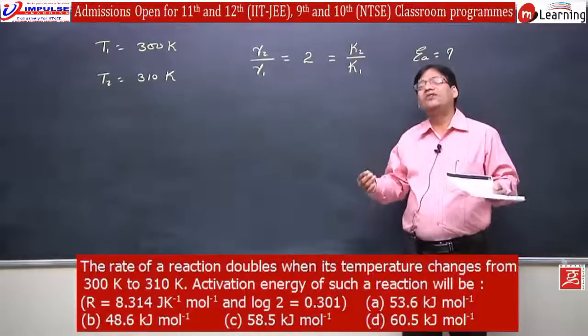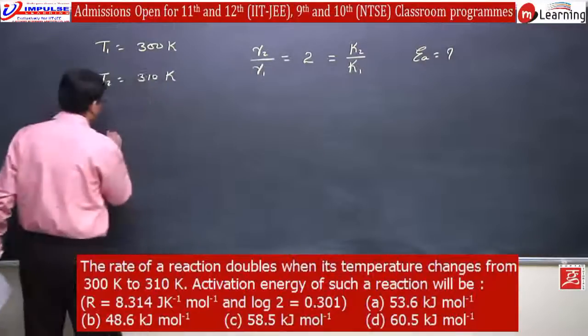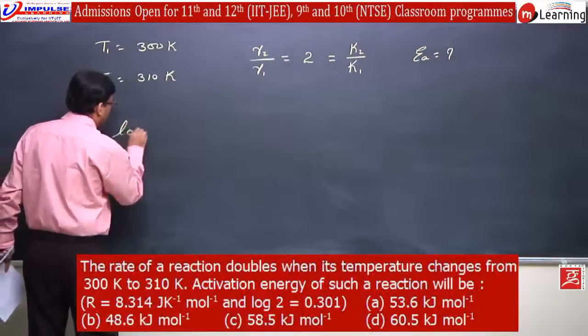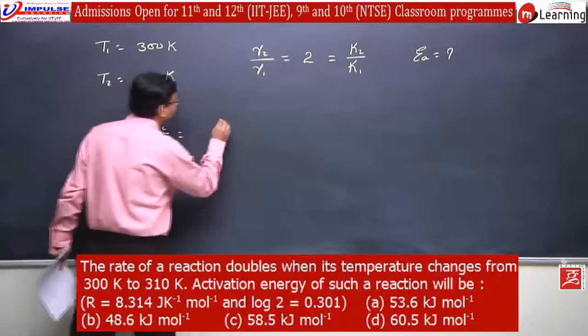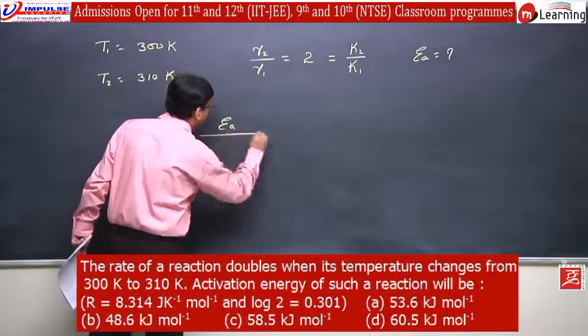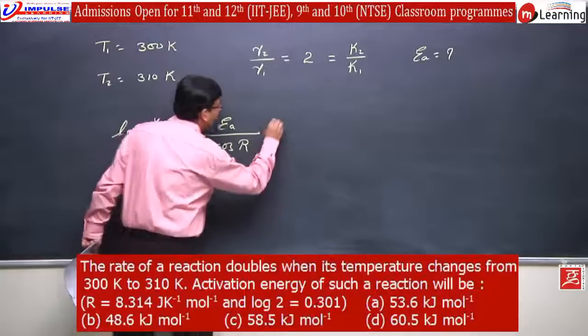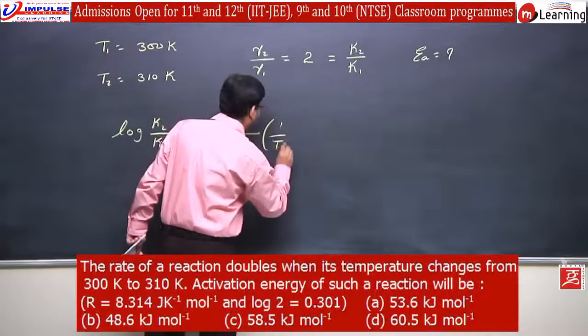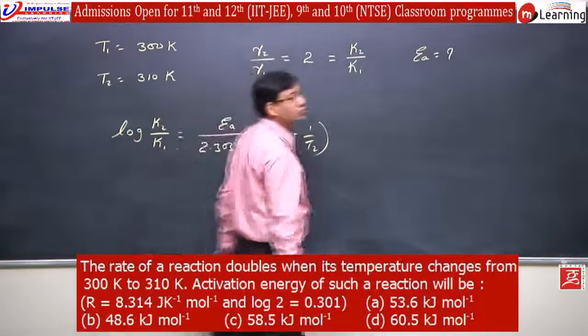We directly need to apply the Arrhenius equation. We know log of K2 by K1 is equal to Ea upon 2.303 R into 1 by T1 minus 1 by T2.